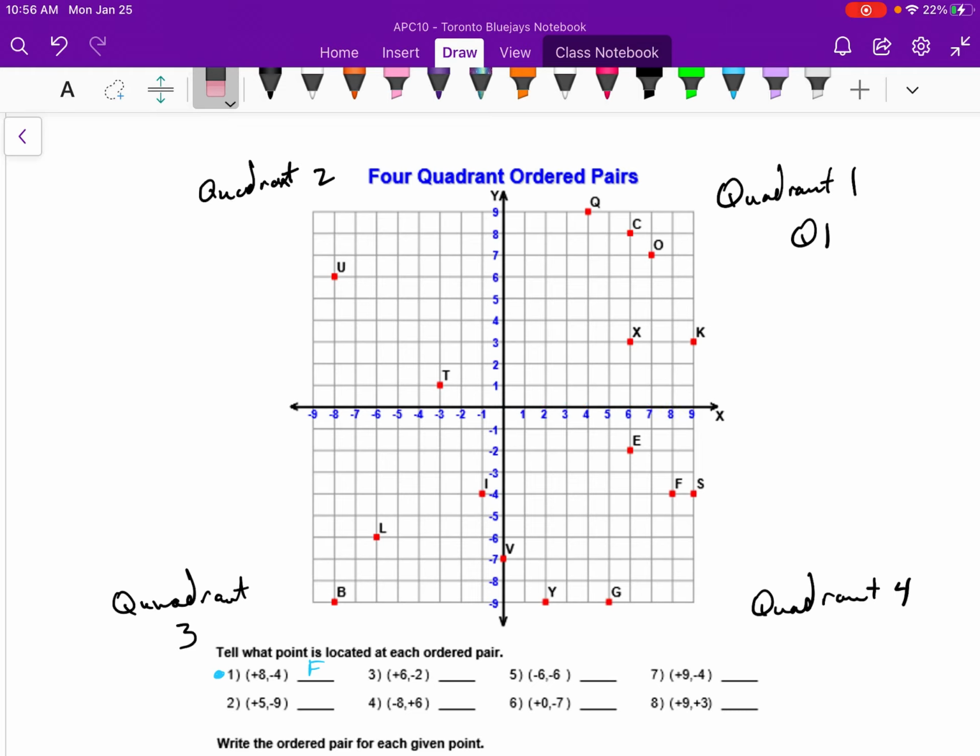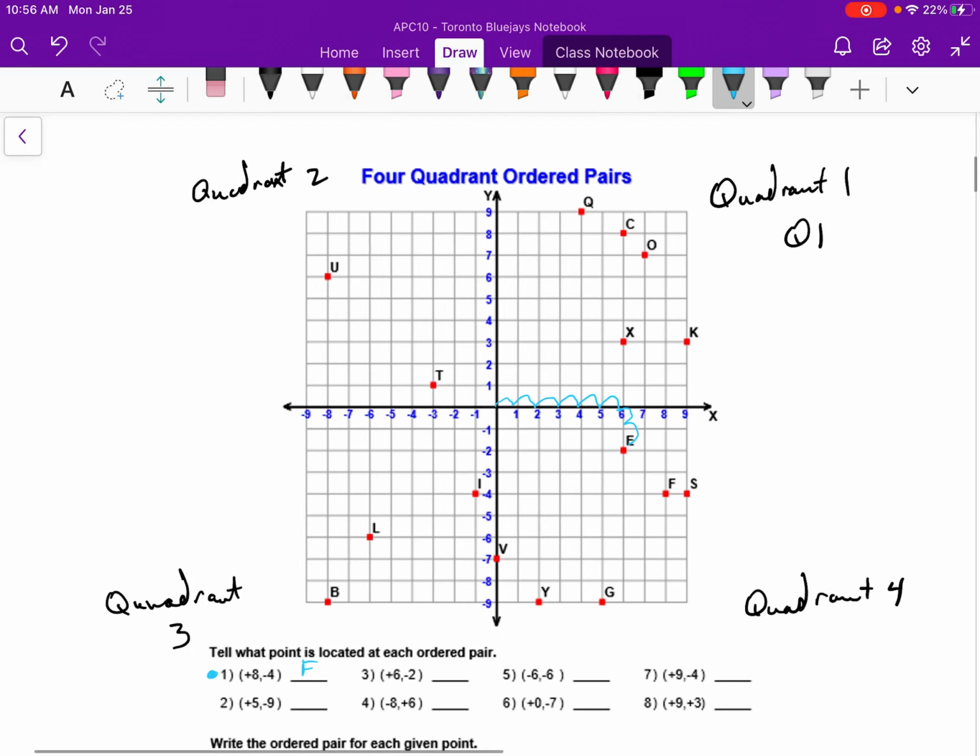Next, 6, -2. Well, 6, -2, I can move, the x is 6, the y goes down by 2 since it's negative, and this corresponds to E, the letter E. Now, just if this is your first time looking at a coordinate system in a long time, the x's are positive as they move right, exactly like on a number line.